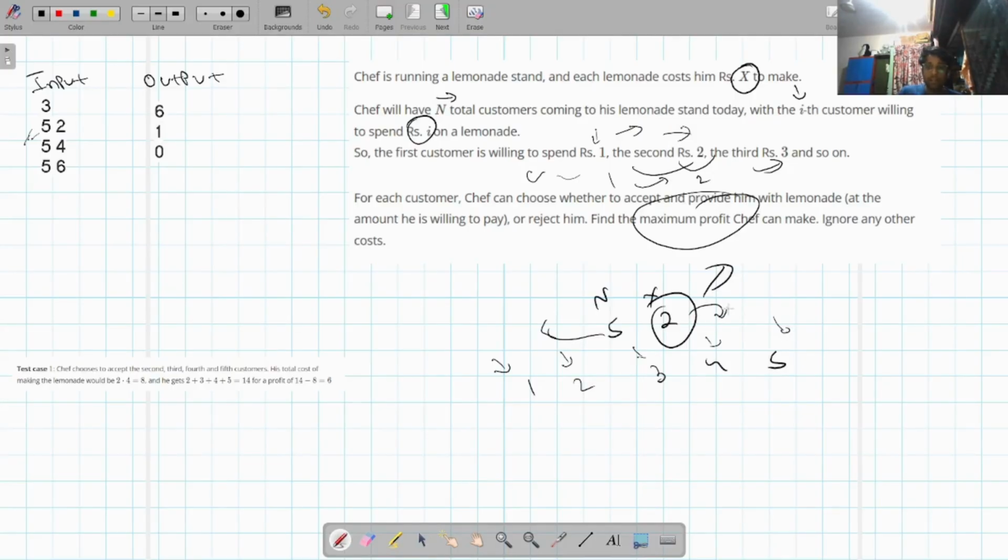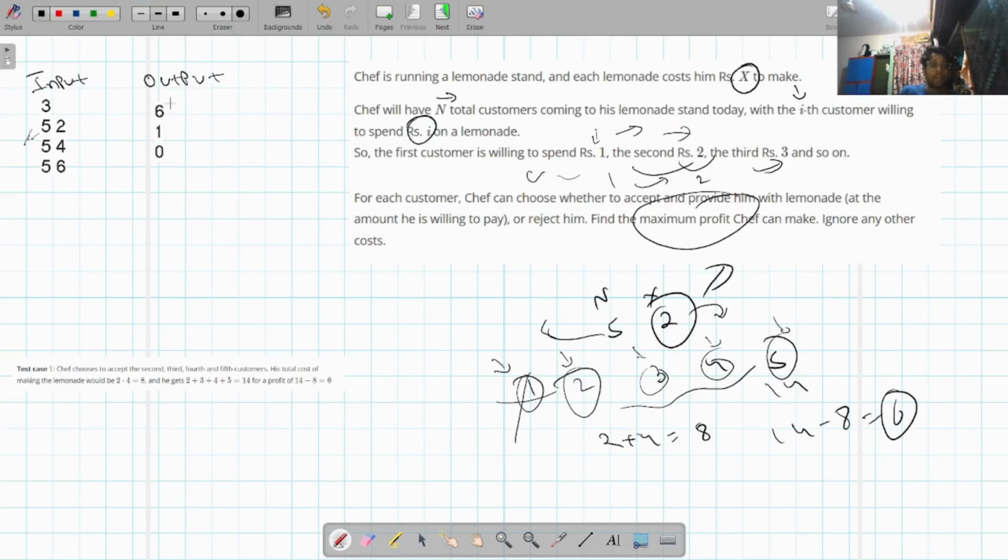I can see that if one lemonade costs him 2 rupees, I cannot take less than it. So I will never take customer one, and all of the others I can take: 2, 3, 4, and 5. So in total, the cost for four lemonades would be 2 into 4, which equals 8, right? And the sum of the payments would be 14. So 14 minus 8 equals 6 will be the profit, as you can see.